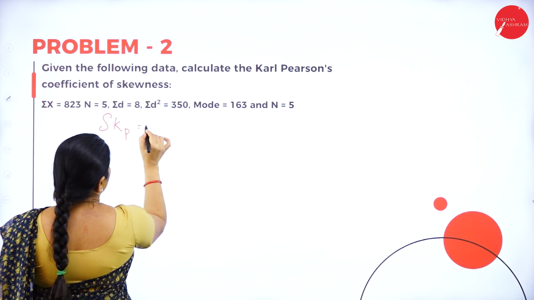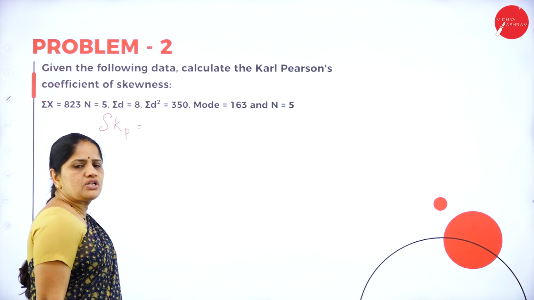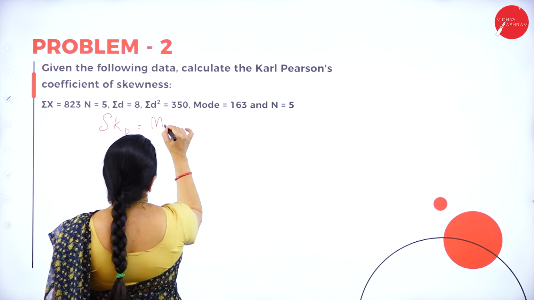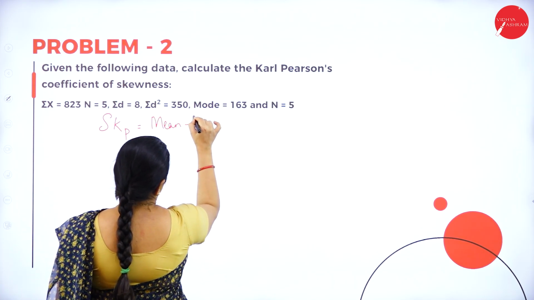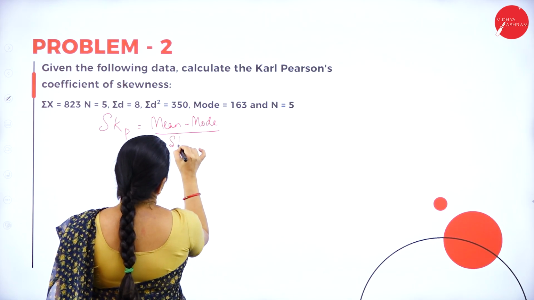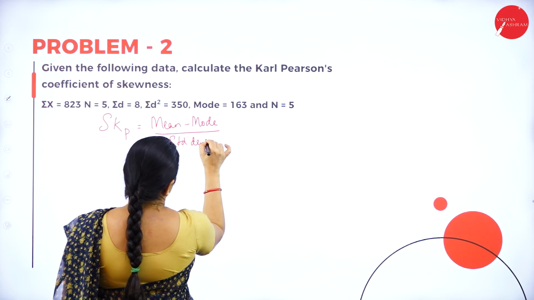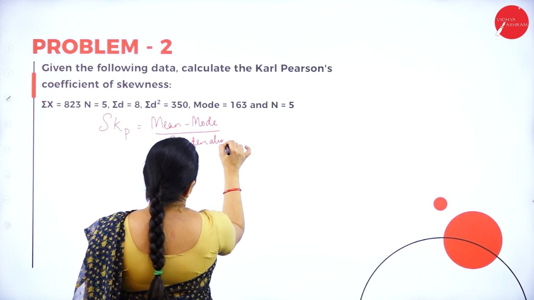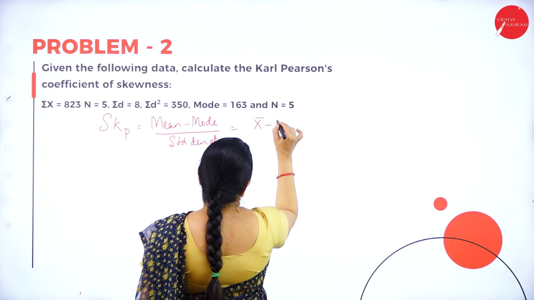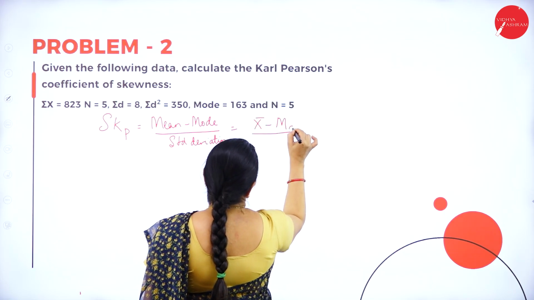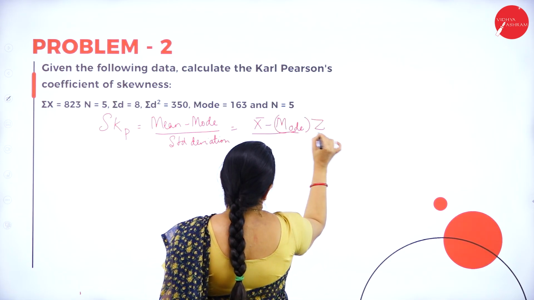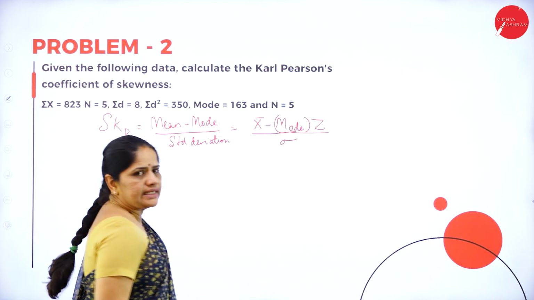The Karl Pearson's coefficient of skewness formula is mean minus mode divided by standard deviation, where I can write the mode as Z.